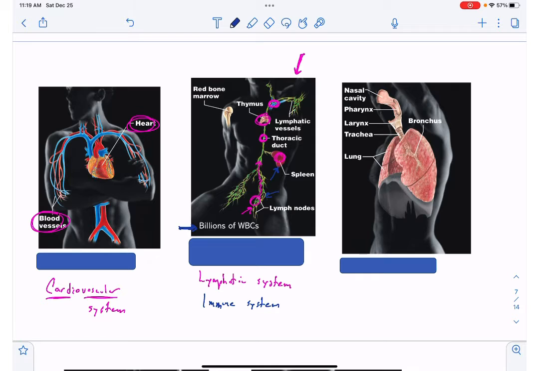Okay, moving on. The nasal cavity, the larynx, the trachea, which all lead down to the lungs. This is the respiratory system.